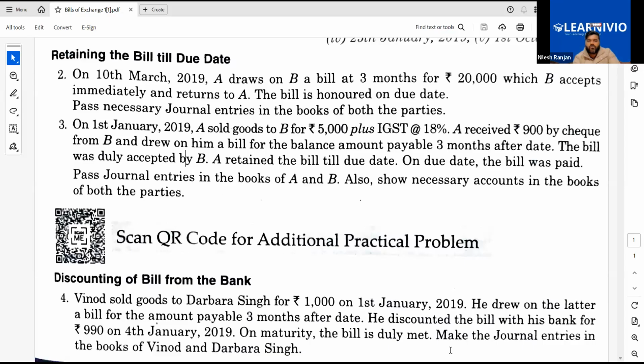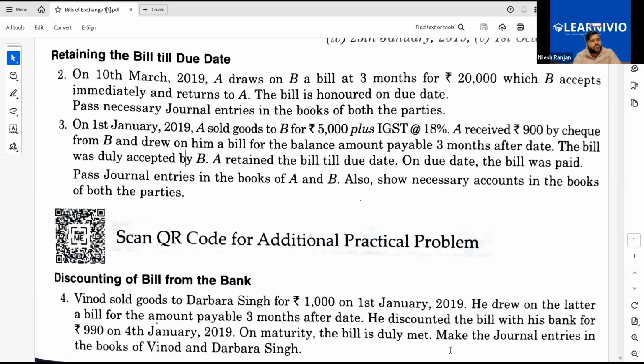Basically, the second entry for receipt/payment of bill amount will be Vinod account debit to cash. Why is Binod account there? Because it's drawer, right? It's drawer account debit to cash.